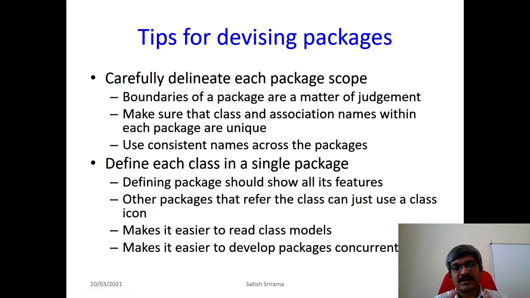That is one restriction we should be careful about. Where you put the boundaries is a matter of judgment, but make sure that the class and its association names within each package are unique. And of course, use consistent names across the packages, so that it is easily understandable for a person who is looking at the model later.